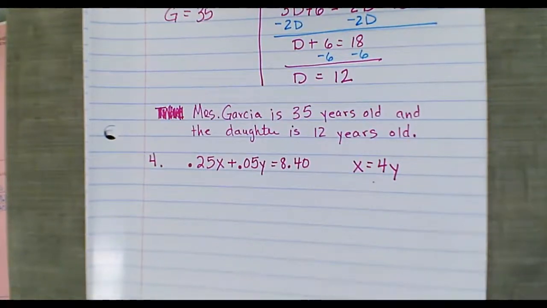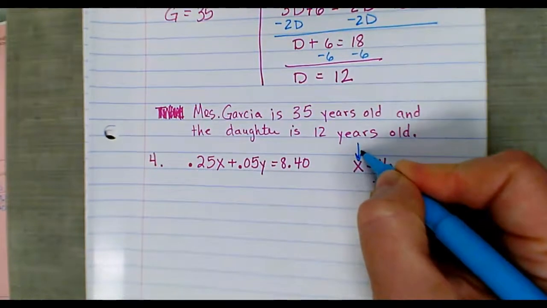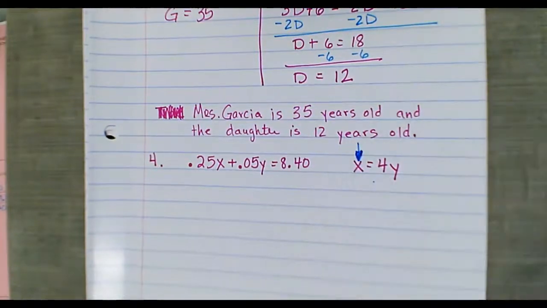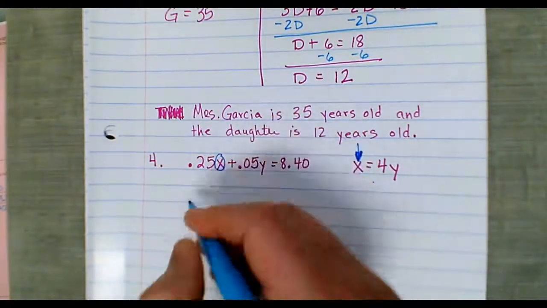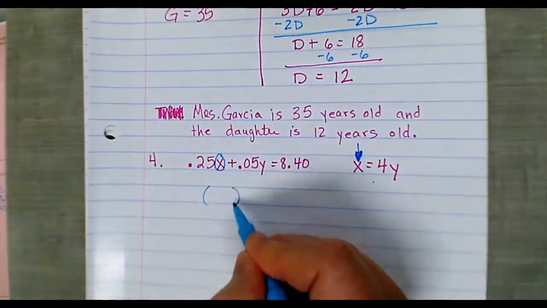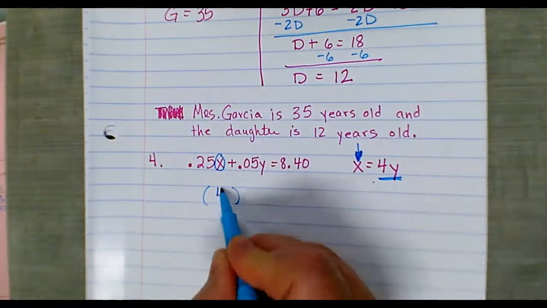Since this is already solved for x, substitution is going to be the better choice. In place of the x, I'm going to put the 4y.